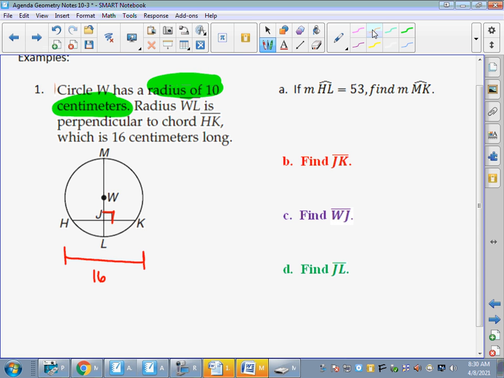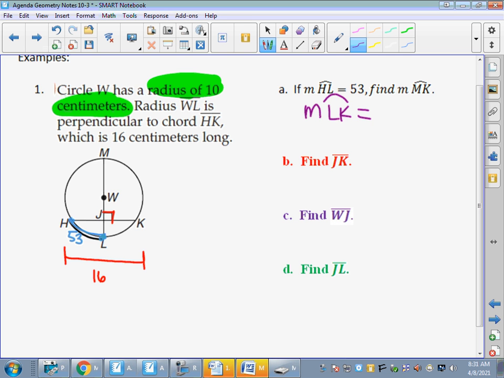So problem A says if arc HL is, oh, I don't want to use black. Arc HL is 53. Remember, I'm looking at arc measure, so 53 degrees. Find the measure of arc MK. Oh, I really stepped it up. What if I said first, let's find the measure of arc LK.